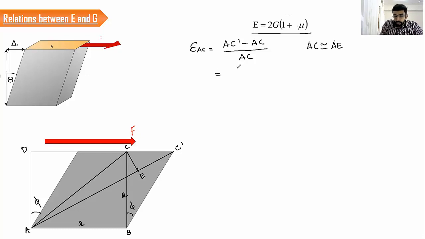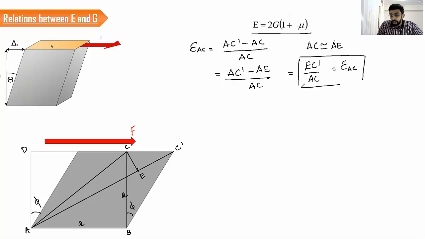So rewriting this, we can say AC dash minus AE divided by AC. So what is AC dash minus AE? It is nothing but EC dash divided by AC. Right? This is the strain in the diagonal AC. Now we are going to substitute for this EC dash.